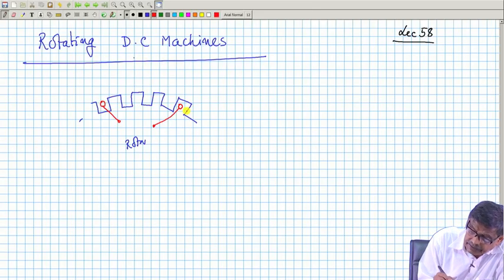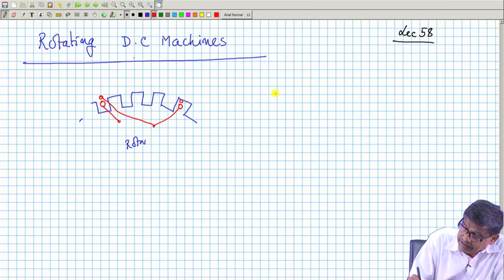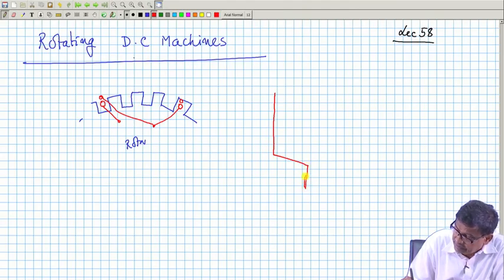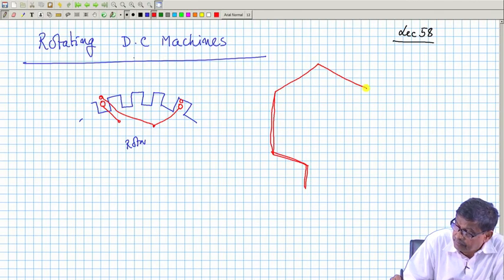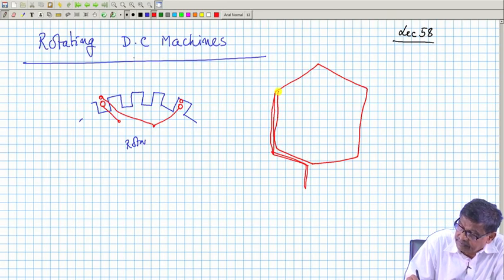And you can of course have a multi-turn coil. You take a single wire, come here, then once again repeat this. So, a multi-turn coil will look like this. Take a piece of wire, this is one slot, at the end it will be like this, and then make several turns like this, another turn.